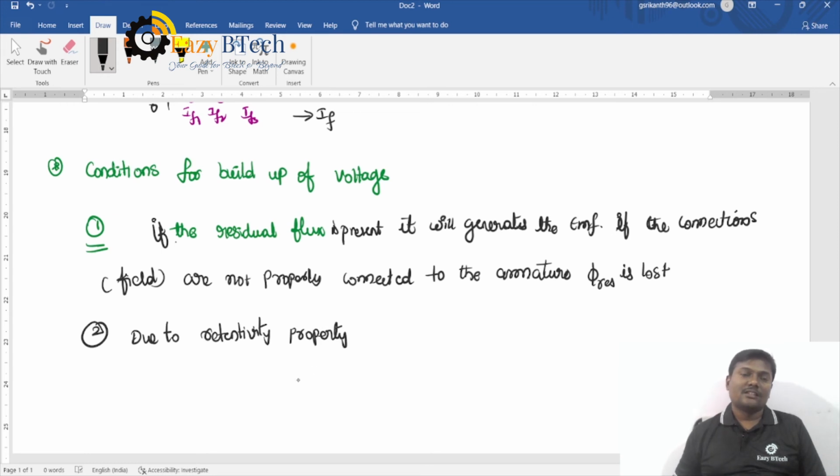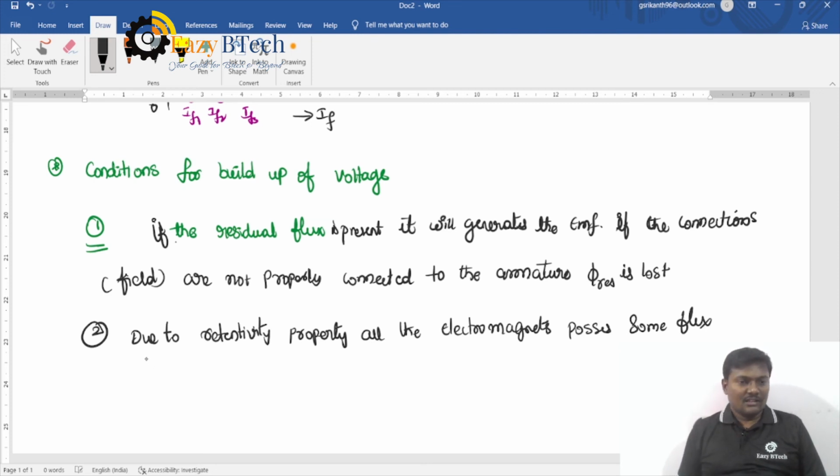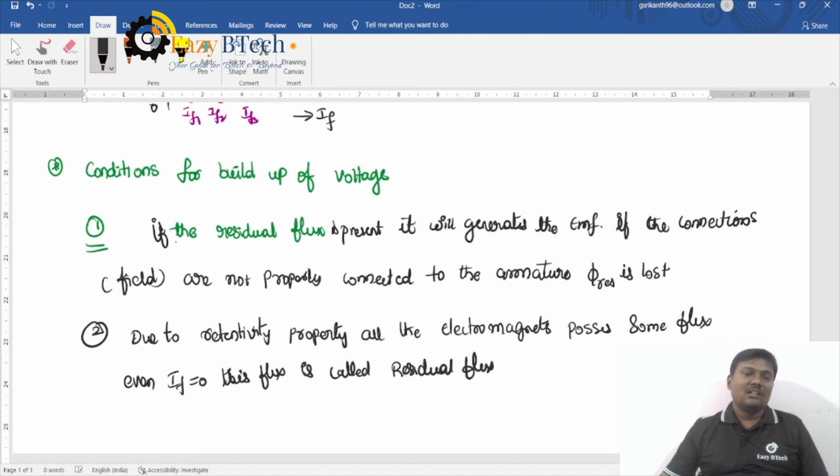We will discuss what the retentivity property is when the hysteresis classes come. Due to the retentivity property, all electromagnets possess some flux even when the field current is zero. This flux is called the residual flux.